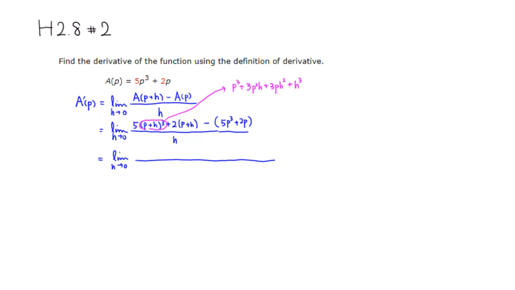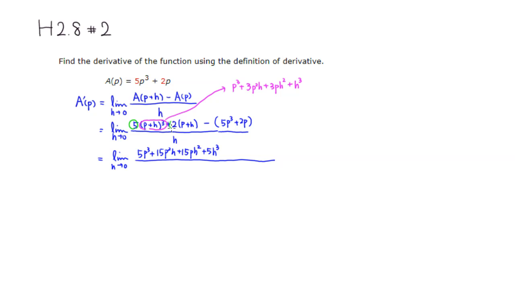Then we would have to distribute the 5 to each term. So I'm going to put 5p cubed plus 15p squared h plus 15p h squared plus 5h cubed. So that's that.